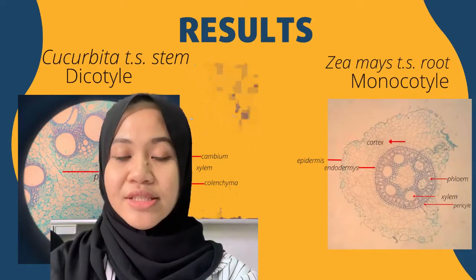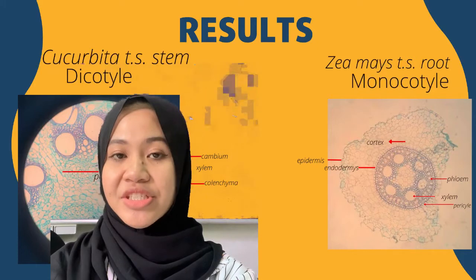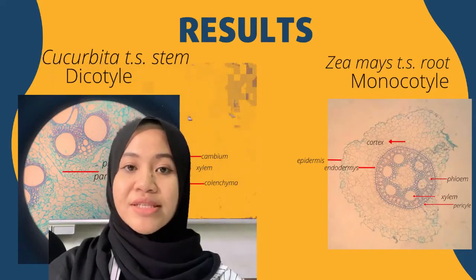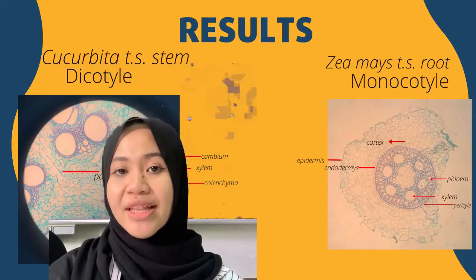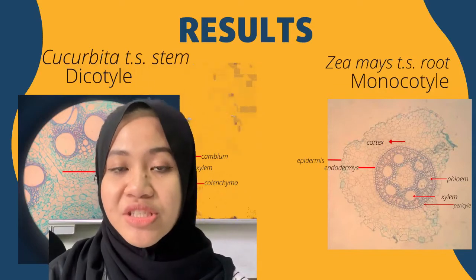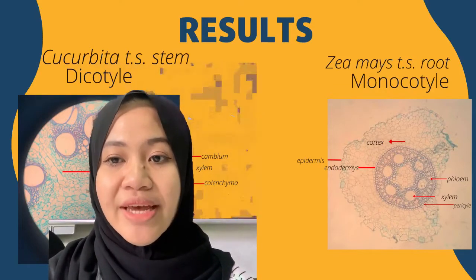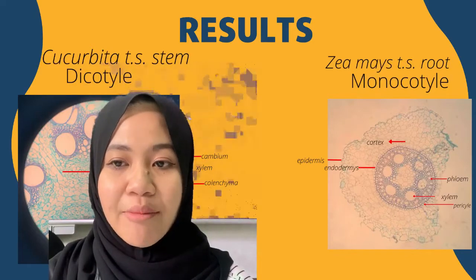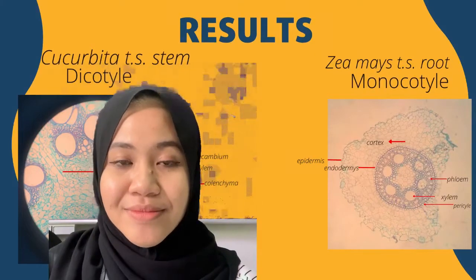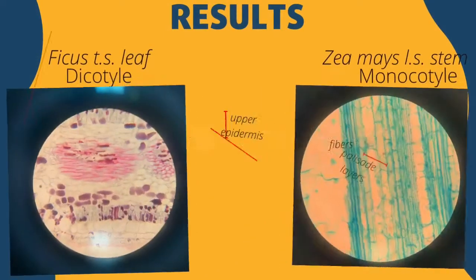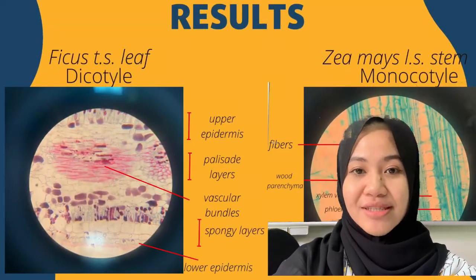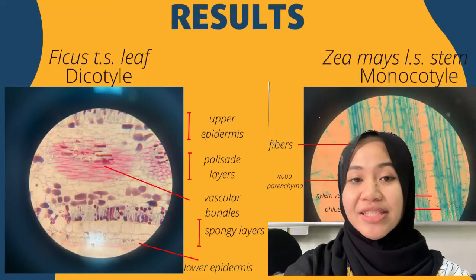The fourth is zeamice transversal section root. It is classified as monocotyle, and there are some structures, which are epidermis, endodermis, cortex, phloem, xylem, and pericycle. The fifth is Ficus transversal section leaf.